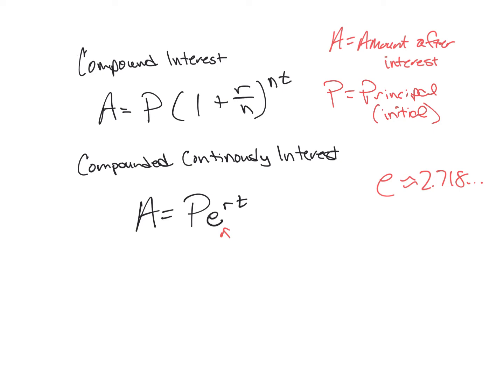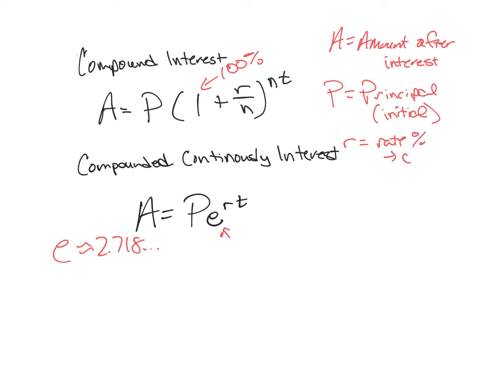Your 1 for the compound, remember this means your 100%, and remember all percents are changed to a decimal, so 100% is 1. Your R for both of them is your rate. Your rate is actually in percent, but remember you're going to always change it to a decimal, no matter what it is.